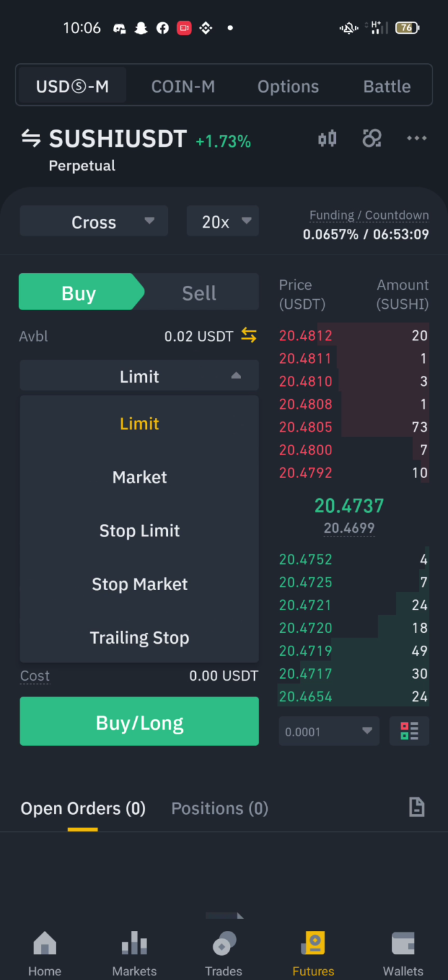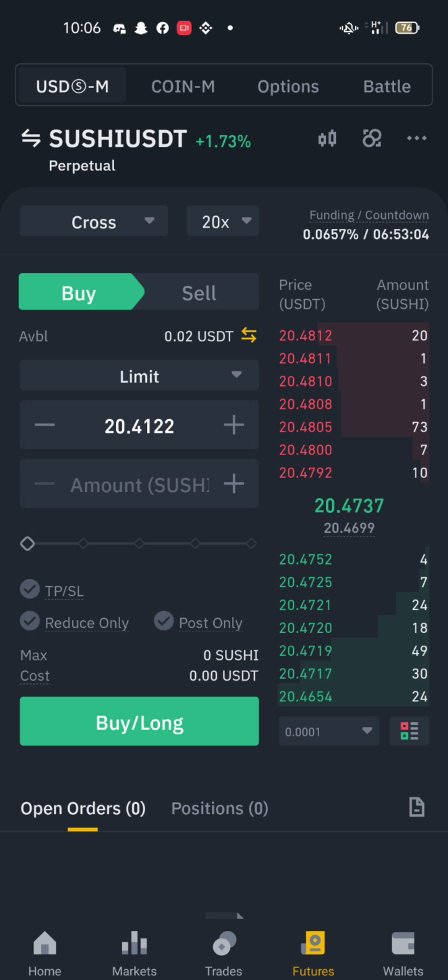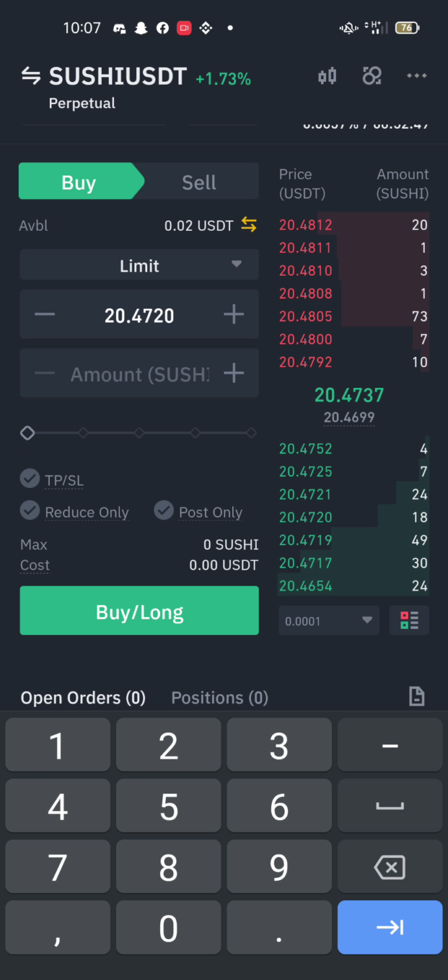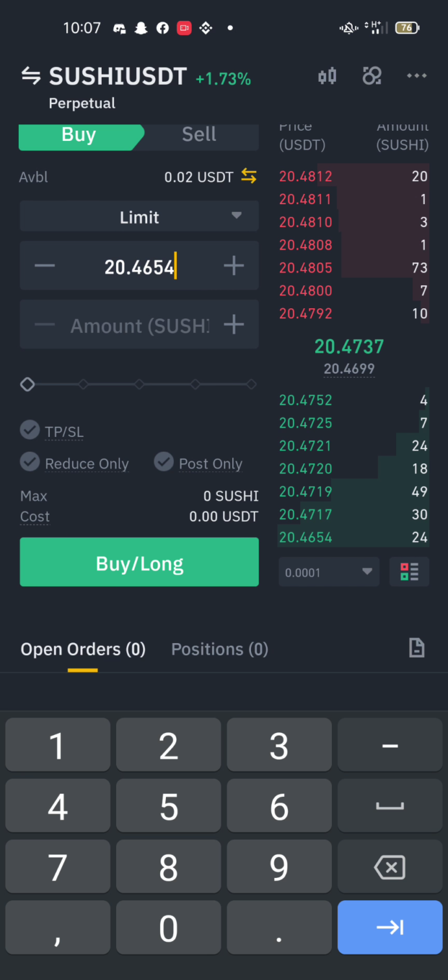If I buy or long it with a limit and put the limit at 20.66, it will not be auto-filled, but my position will start from the moment I long on the limit. Why? Because you can only long lower than the price of the coin, not higher than the price of the coin.